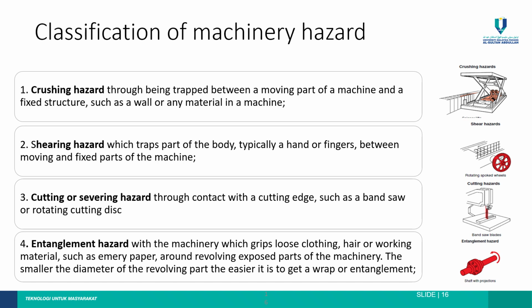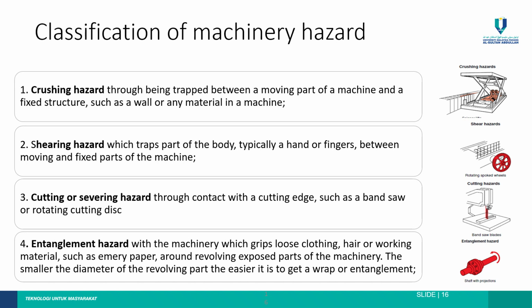For example, a heavy stamping machine could cause a crushing hazard to you. The other one is the shearing hazard. It could relate to the grinding machine or the sanding machine. Cutting or severing hazard, for example the bandsaw or rotating cutting disc.